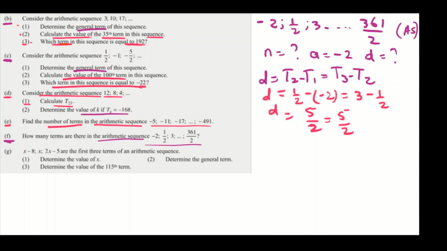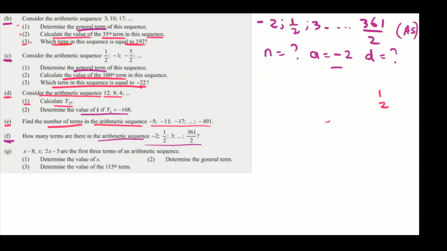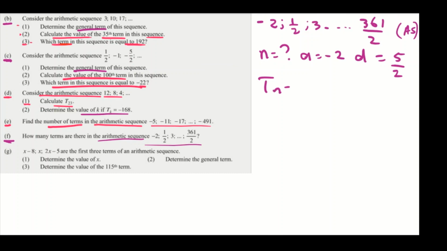So now that we found our d, we'll be able to find our value of n, right? So let me write this properly. We want the value of n. We know a is equal to minus 2. We know d is equal to 5 over 2. Our Tn is equal to a plus (n minus 1) multiplied by d.